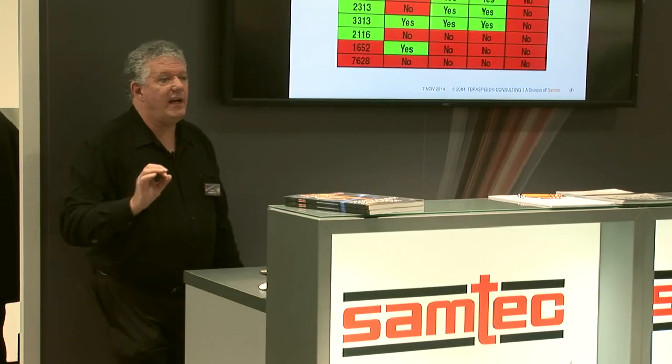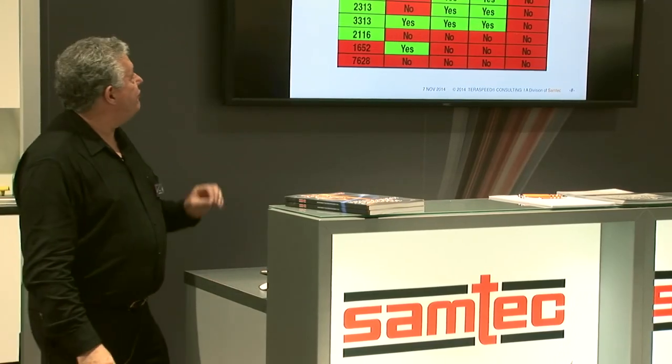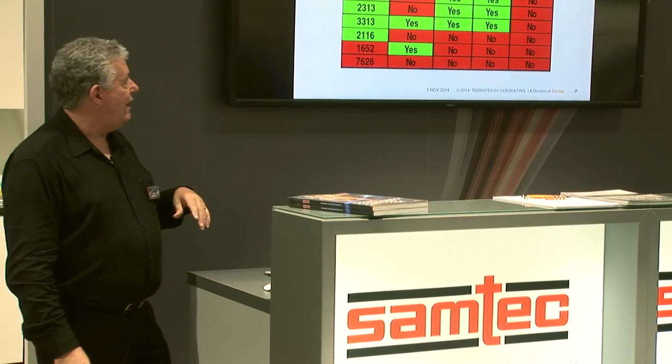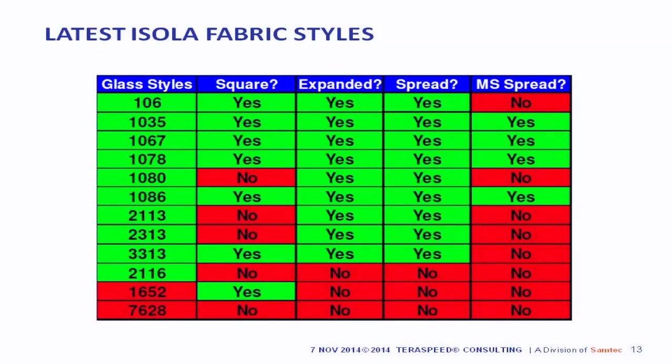So here is a table of all the different fabric styles. And so basically it gives you the designator for the fabric. These are typically used in electronic products, and they're usually available from most laminate manufacturers.